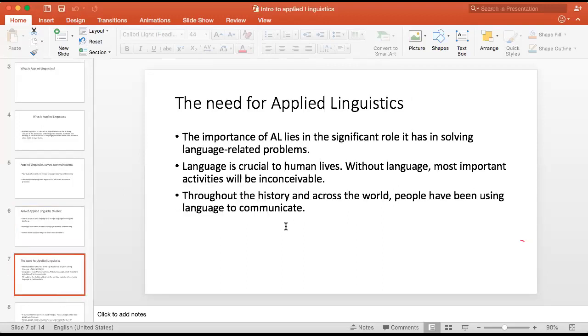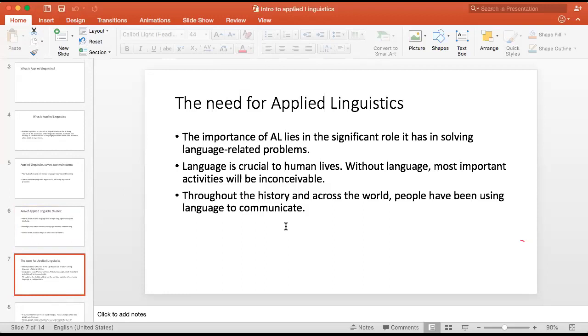I've told you why we need applied linguistics, because it is related to solving language-related problems. And I told you that language lies in the heart of human society. Language is crucial to human life. Nothing is impossible, but nothing is possible without language, right?